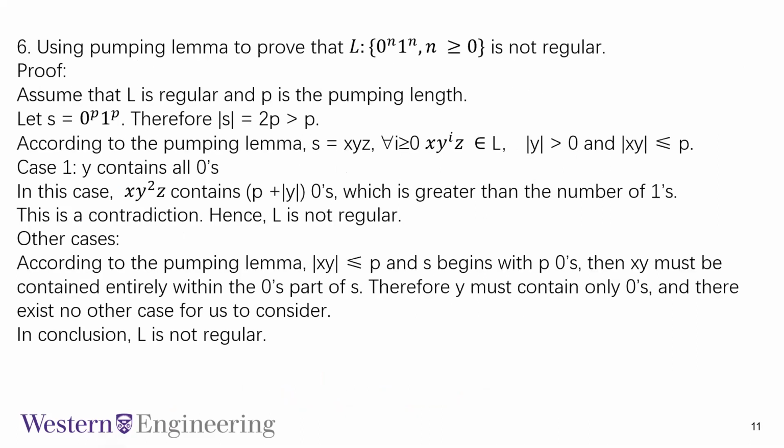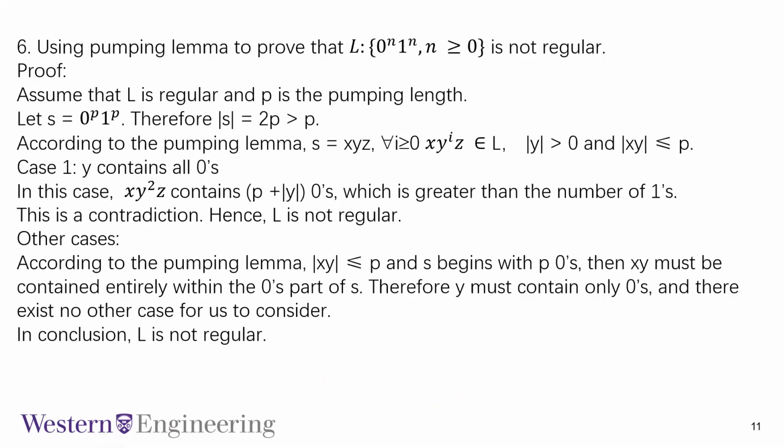First, let's see one example. This question requires using the pumping lemma to prove that the language L is not regular. We can prove it by using the 5 steps shown on the last page. The first step is to assume that L is regular and P is the pumping length.